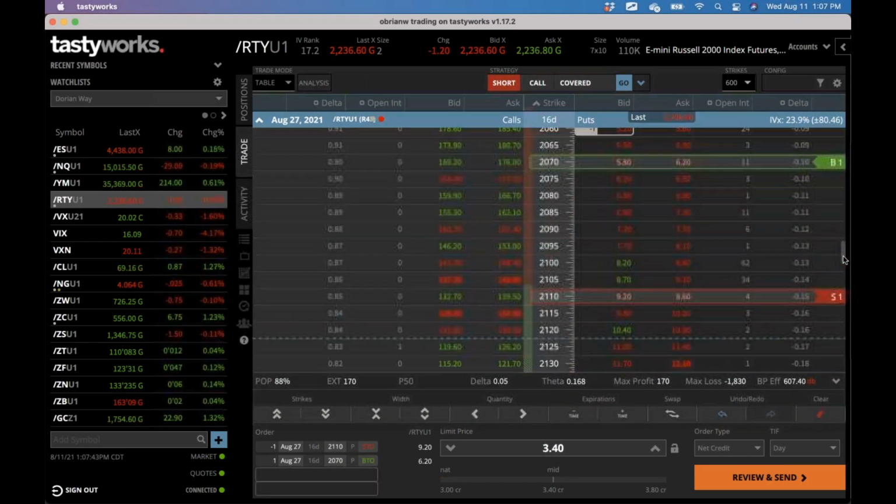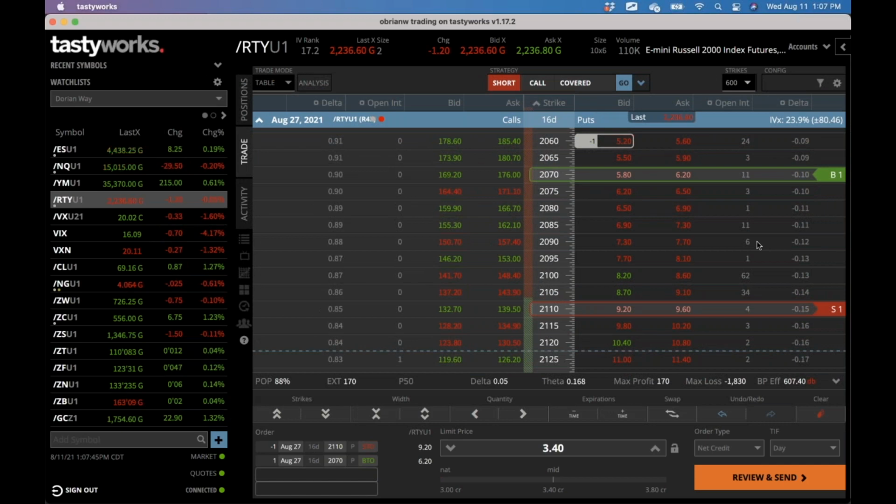So let me delete this part here so you guys can see this. And so now on this one, it looks like it's a 40 point wide spread here. And what we're doing is we are selling the 2110, buying the 2070, and this is 40 points wide, so this is 40 times 50.